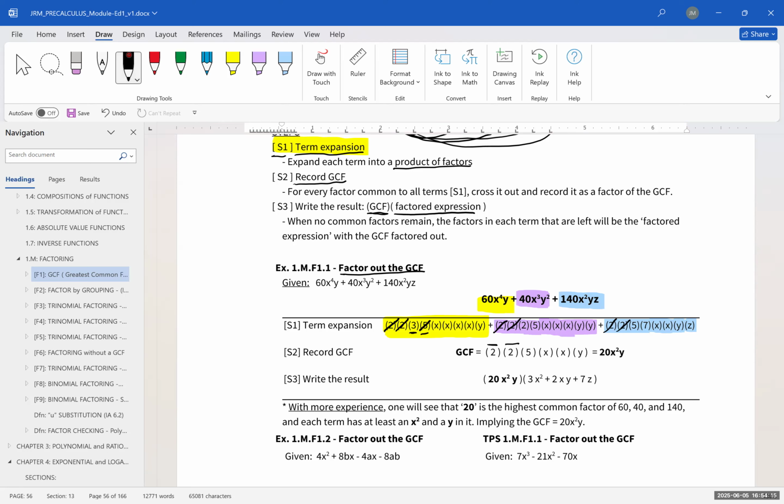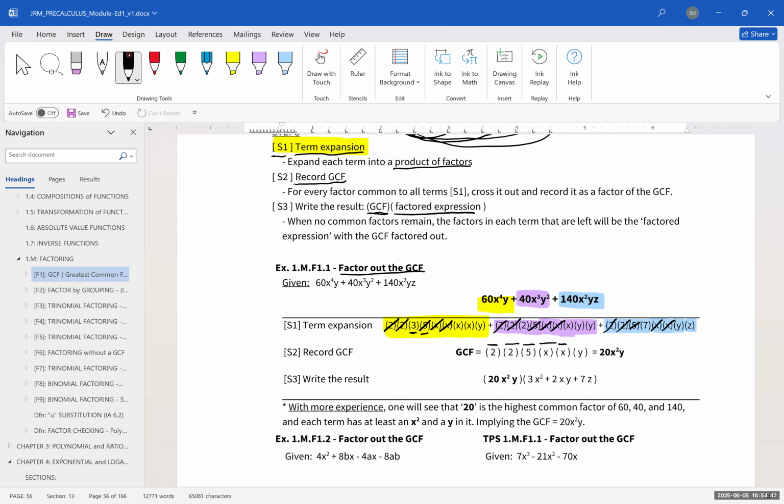Yeah, all three terms have the factor 5 in it. So I'll put a 5 in for the greatest common factor. How about an x? Yep, each term has an x. So I'll put another x down. Does each term have a second x? Yes, they do. So I'll put down my second x.